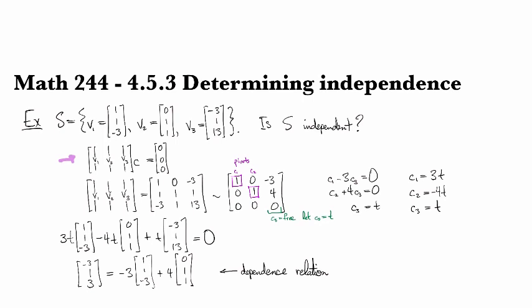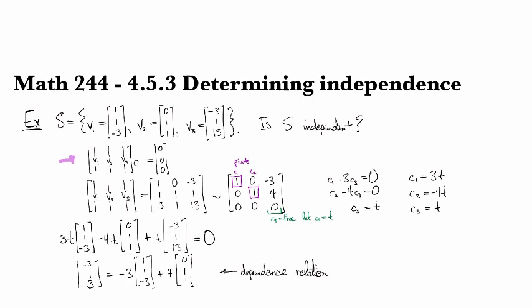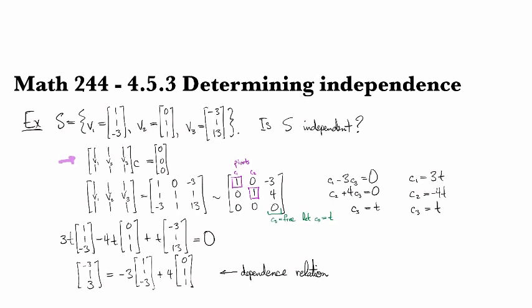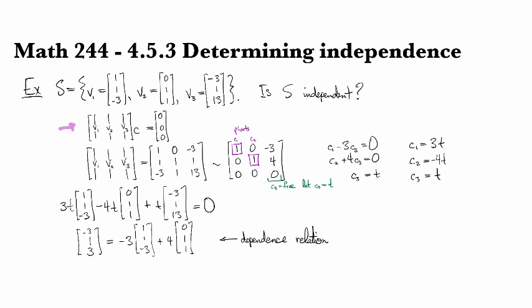Okay. Now, notice that since this is a 3x3 example, and it is all about determining whether or not we have non-trivial solutions to a homogeneous equation where the coefficient matrix is square, we could have used the determinant instead.